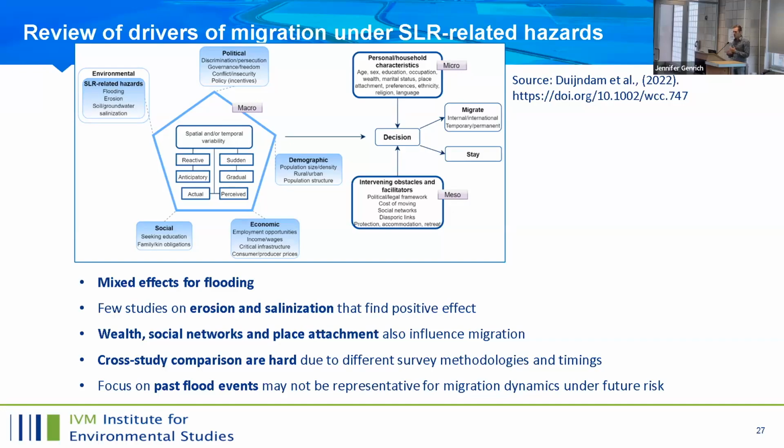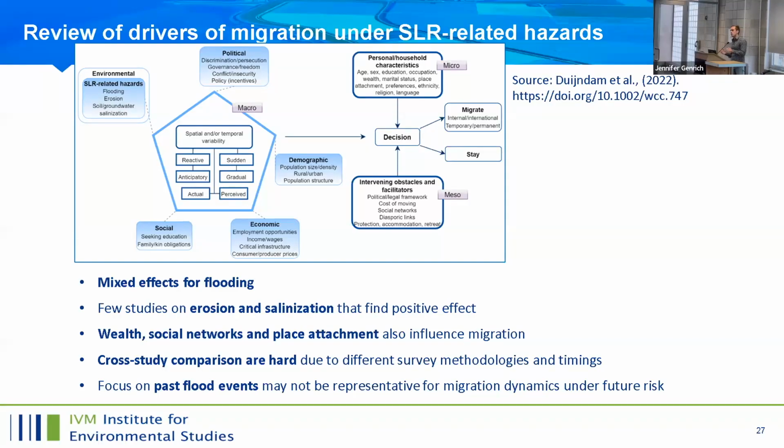And what we found is that at present, studies find mixed effects for the effects of flooding on migration. So some find that it does increase migration, others that it does not. For erosion and salinization, there are only very few studies done, and they generally find a positive link with migration.